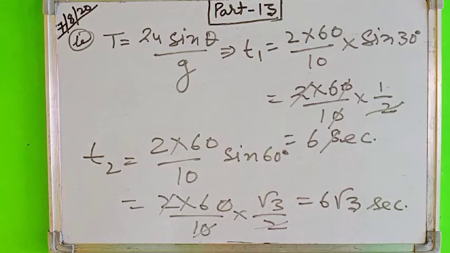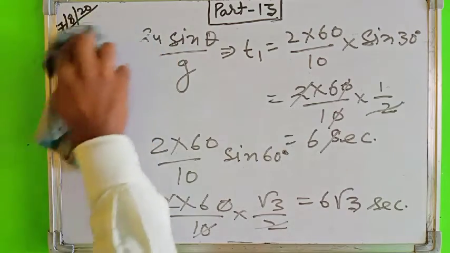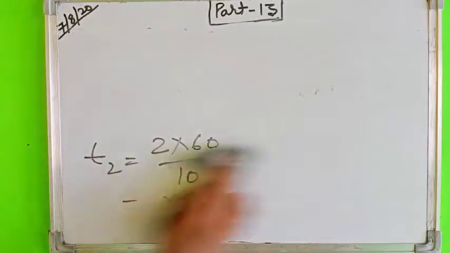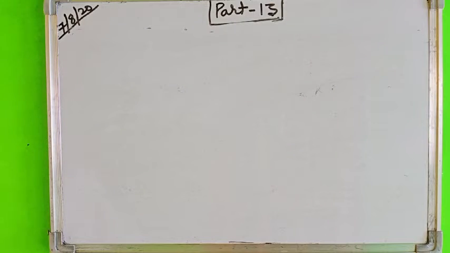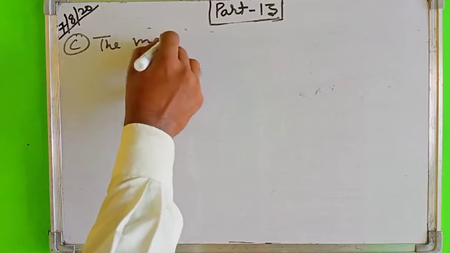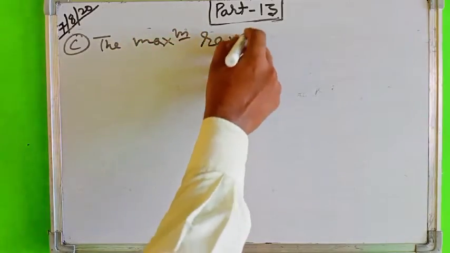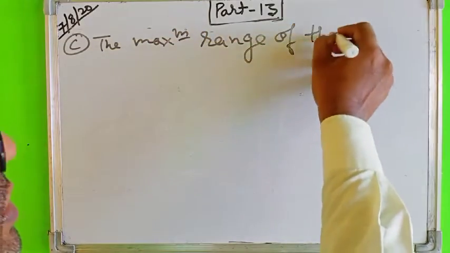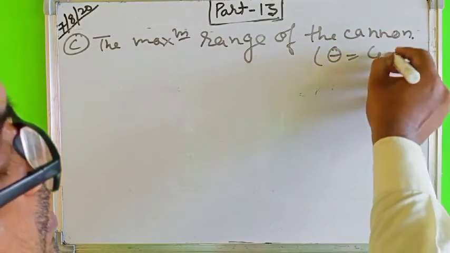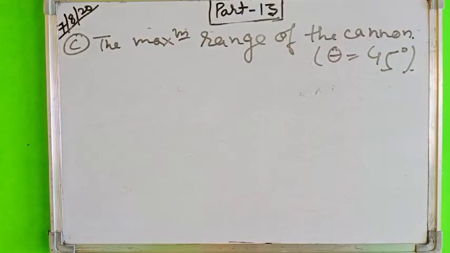Now the maximum range of the cannon. We had calculated that the maximum range is possible for theta equal to 45 degree.